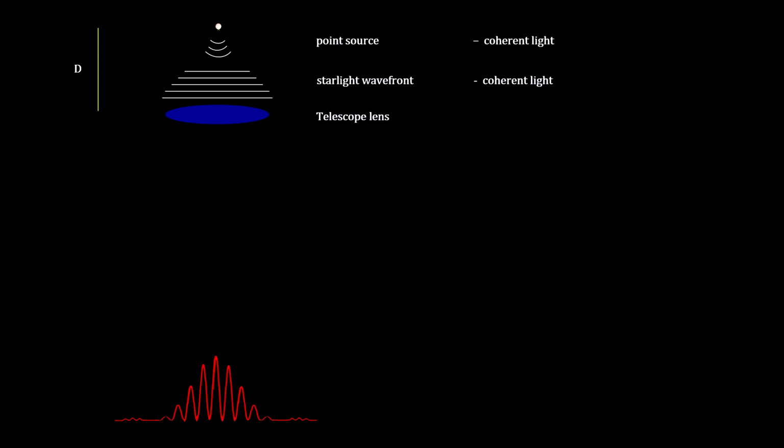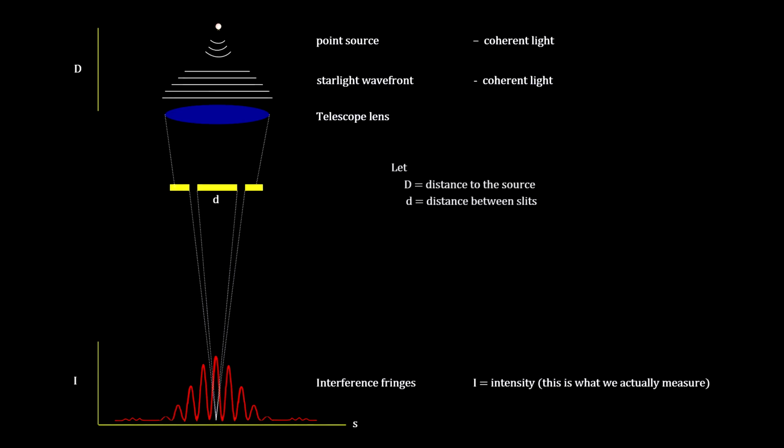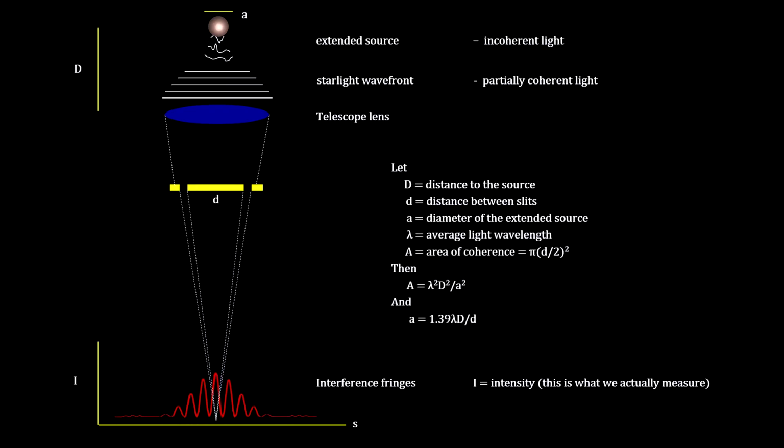A point source for starlight would produce coherent light, and at any distance from the source, the light would create interference patterns. But there are no point sources in nature. Stars have a diameter on the sky. An extended thermal light source would start out with incoherent light.